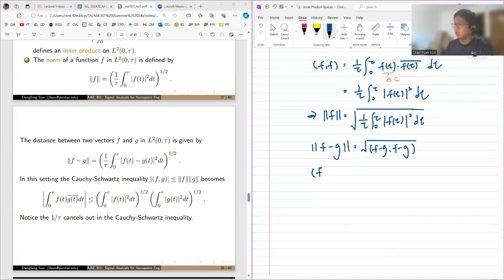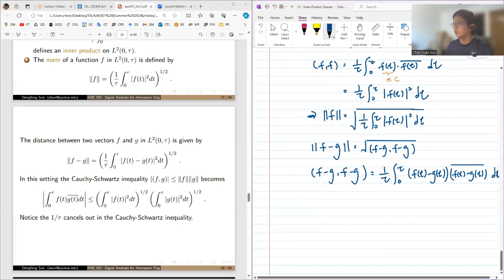Here, the inner product of f minus g with itself equals 1 over tau, integration from 0 to tau, of f(t) minus g(t) multiplied by the complex conjugate of f(t) minus g(t) dt.